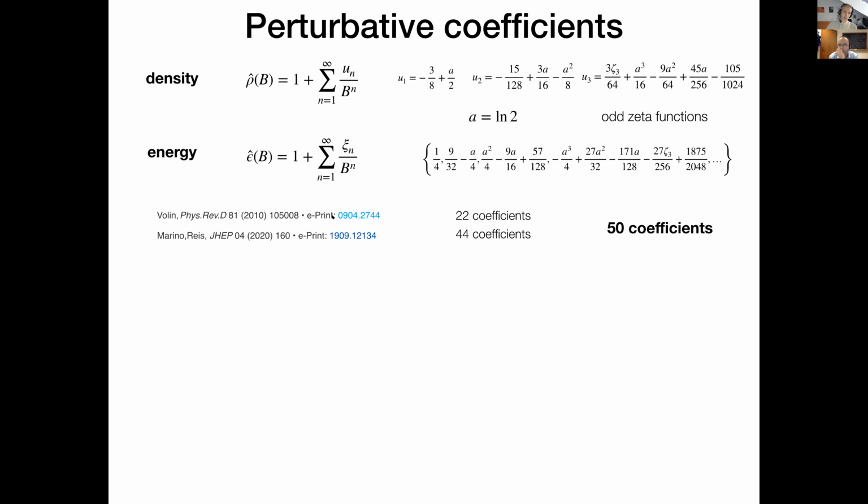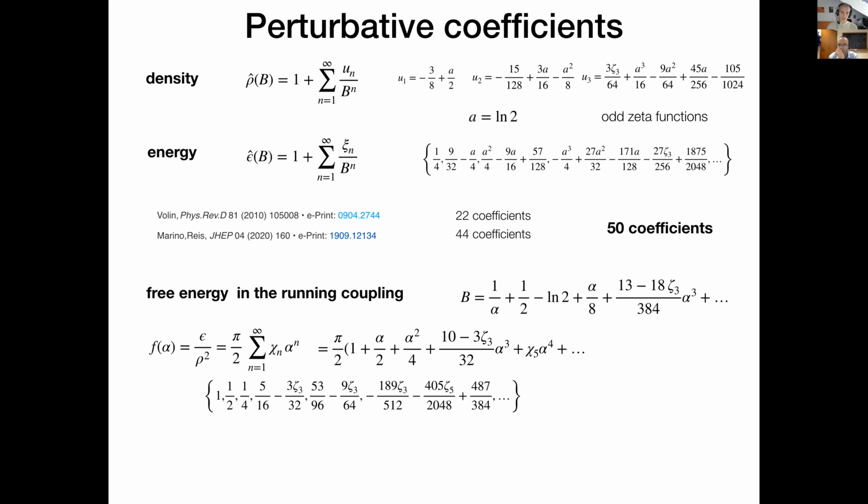But using this method, Volin could calculate like 22 coefficients, and Marcos and Thomas could calculate like, I think, 44 coefficients, if I'm not mistaken. And then we calculated 50 coefficients. We could calculate a bit more because they both focused on generic UN models, but we focused only on the O4, and in the O4, these equations are much simpler. But there are not many insights from these 50 coefficients.